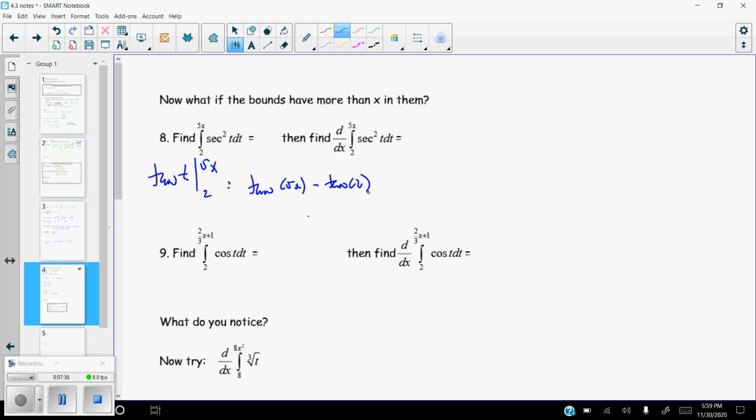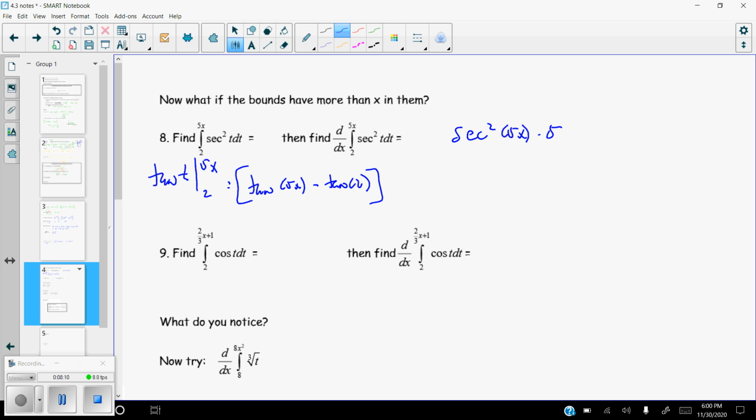Not going to evaluate tangent of 2. There's really no reason to do that, because the next thing says, now let's take the derivative of what we just found. So we are going to take the derivative of this. And the derivative of tangent of 5x, we have to incorporate the chain rule here, is going to be secant squared of 5x times the derivative of the angle, which is 5, and then minus the derivative of tangent of 2.